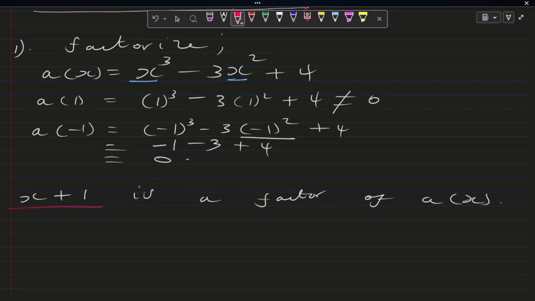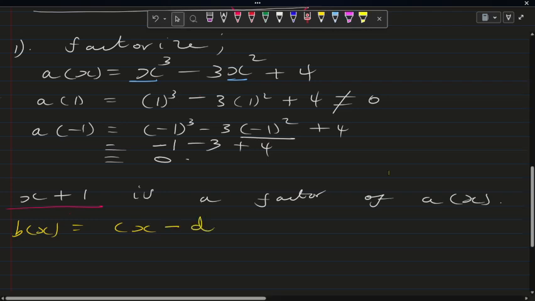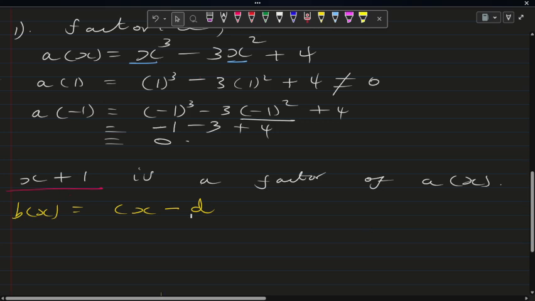Hopefully you are asking yourselves, how did I get it to become x plus 1, or how do I know that the factor is x plus 1? Remember that we are looking for b of x, and b of x is generally expressed in this manner: cx minus d.